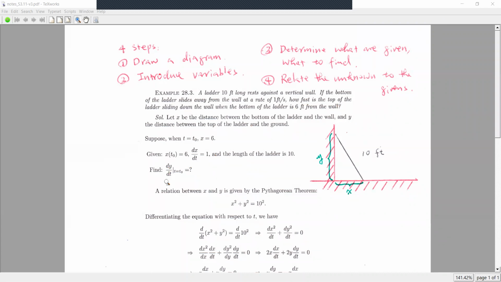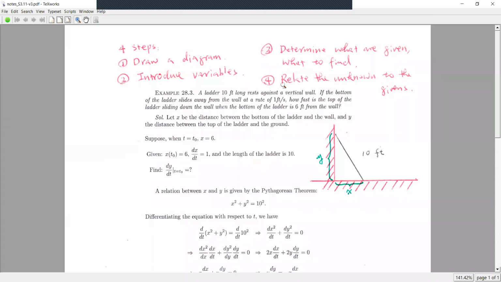This derivative is the rate of change of the y variable. The y variable is the distance between the top and the ground. After we compute this derivative, evaluate it at the time t0. Then this is the answer to this question.